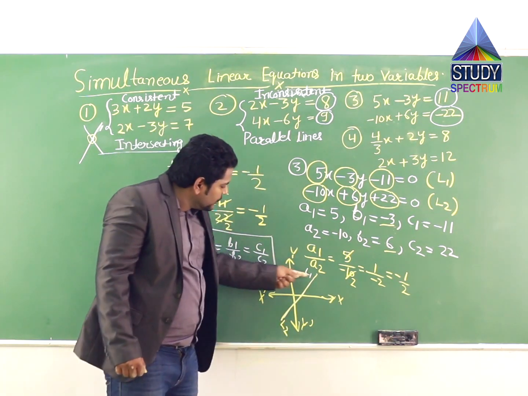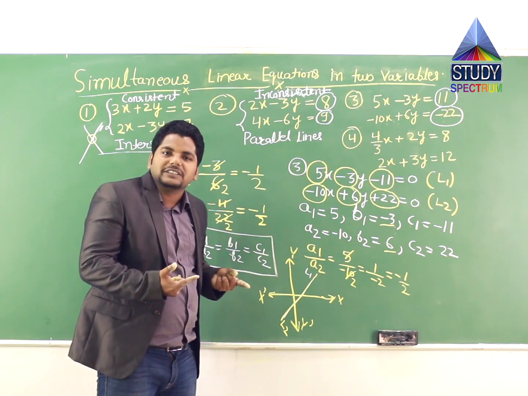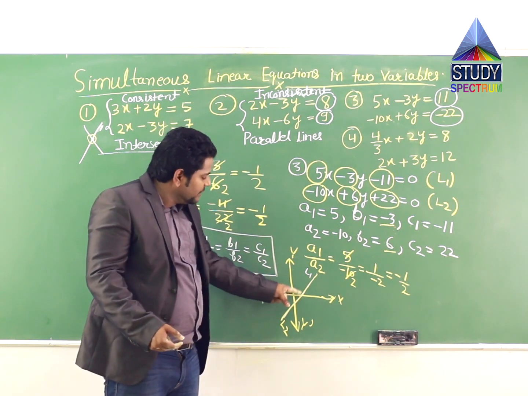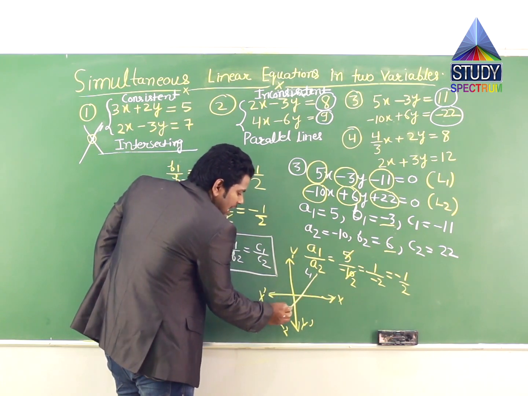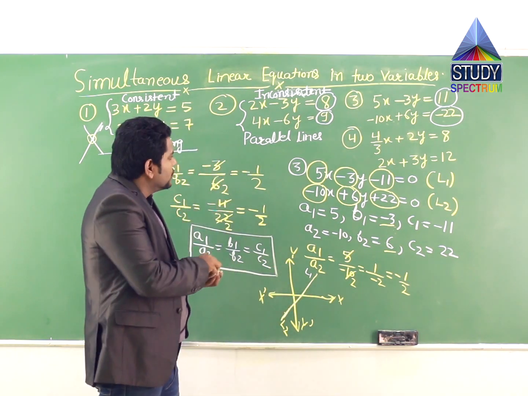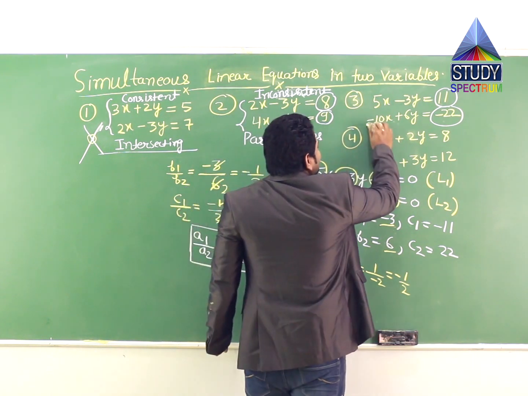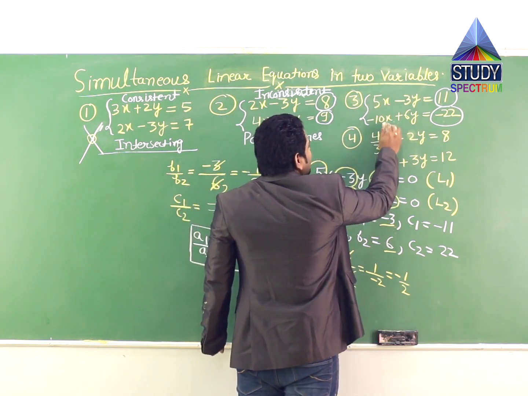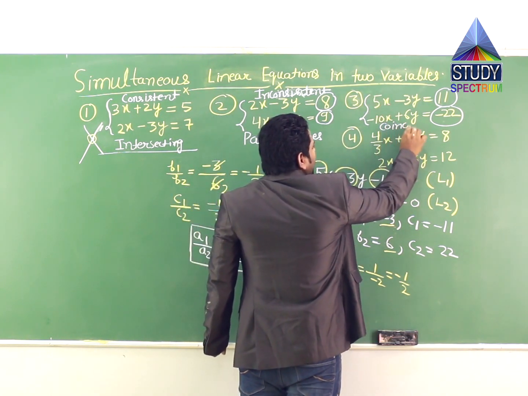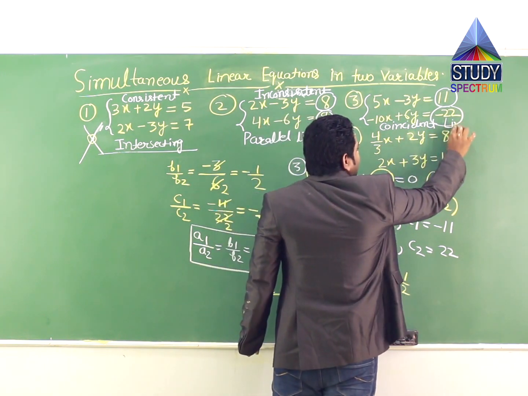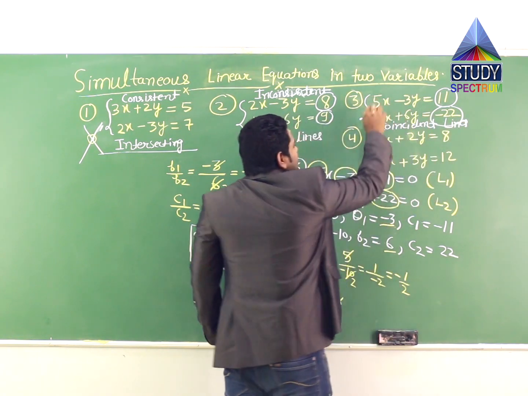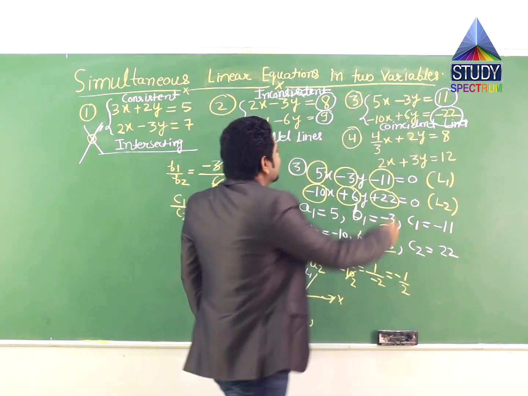Here both lines L1 and L2 overlap each other, so you will get an infinite number of common points. Every point is common to both of the lines. So these are coincident lines, and this system of linear equations is consistent.